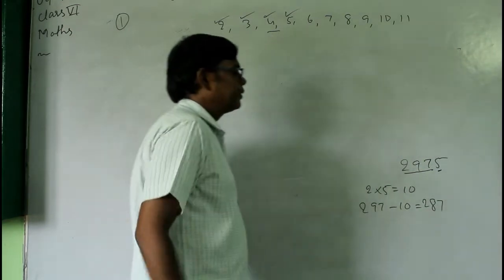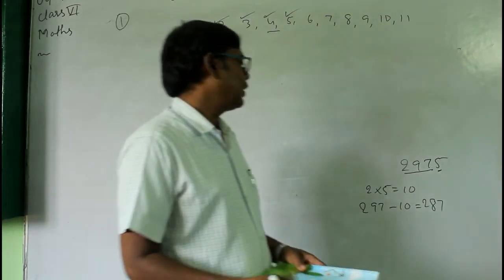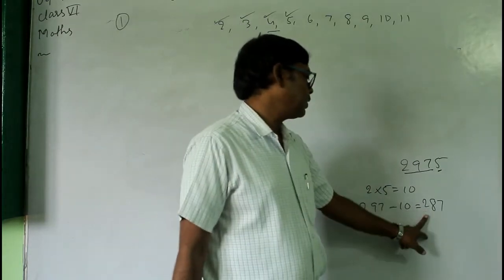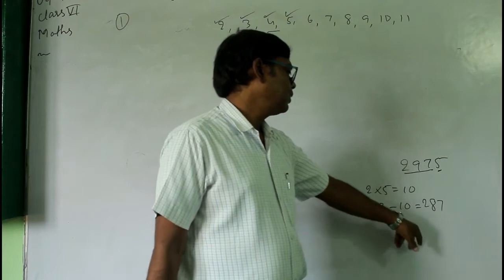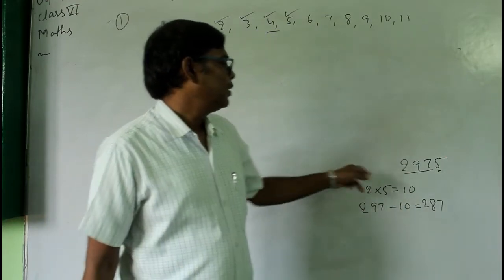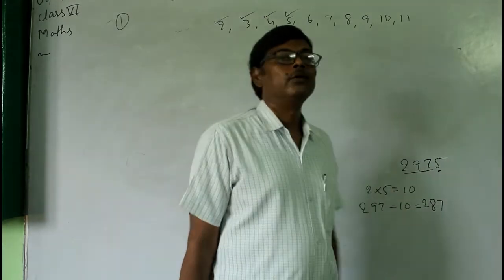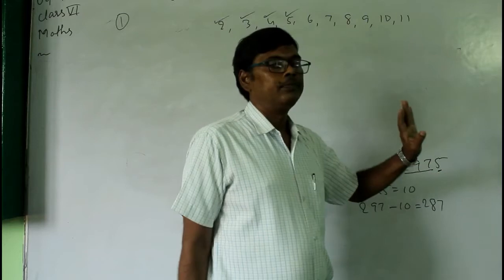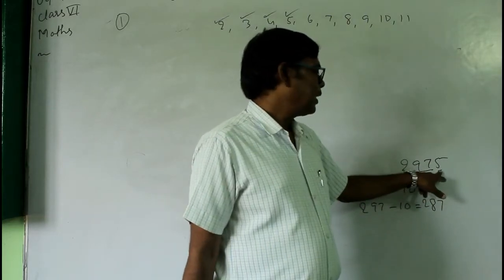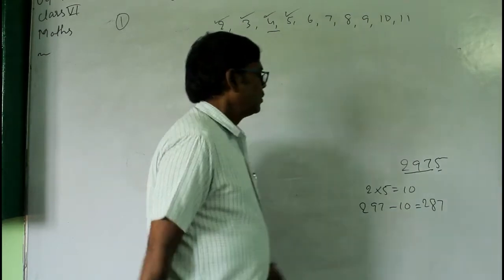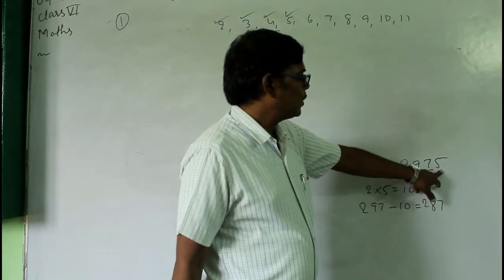So 287 here. Now see that 287 is divisible by 7. Okay, 7 4s are 28 and 7 1s are 7. So here you see that this number is divisible by 7, and therefore the original number must be divisible by 7. So here the rule is this: any number is given, like this number, find out the last digit, that is the ones digit, and multiply this ones digit by 2.